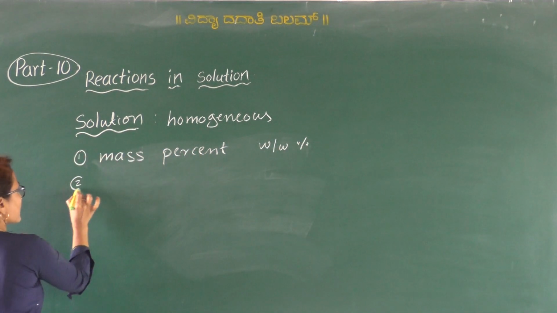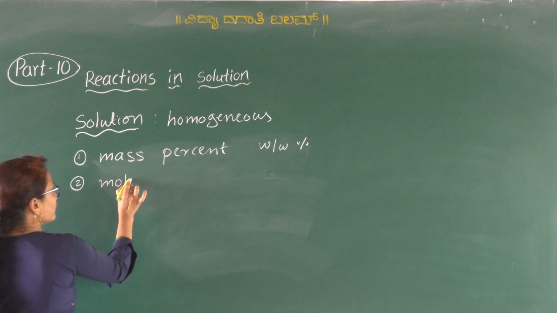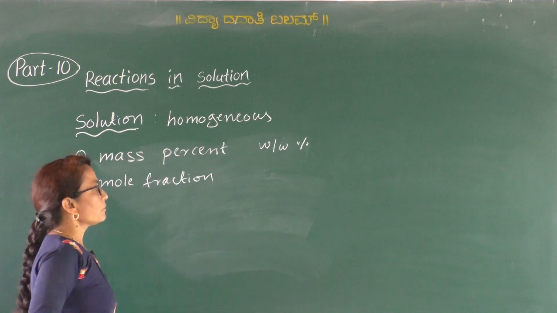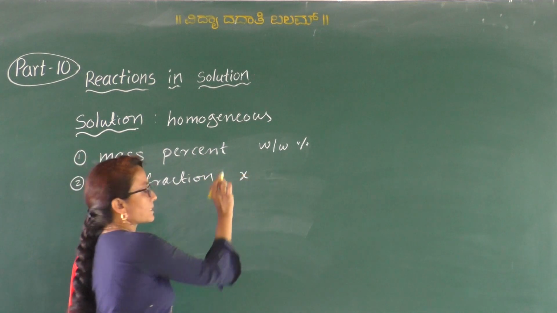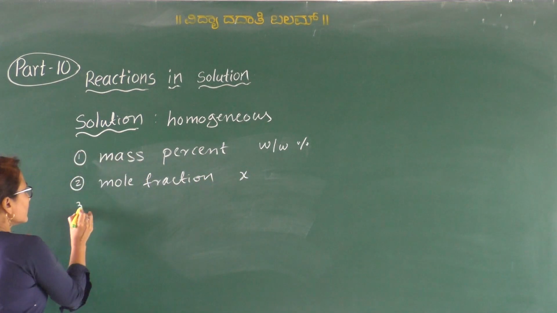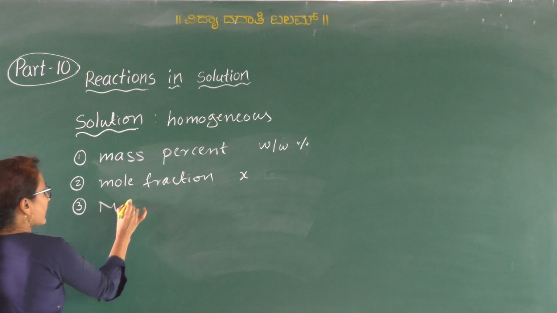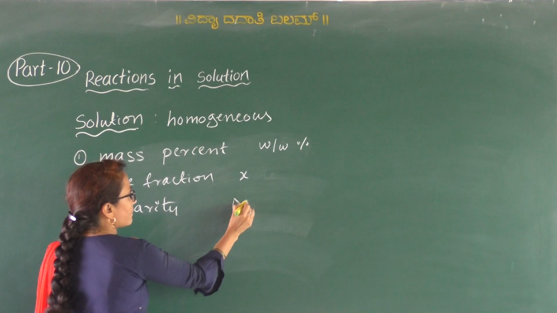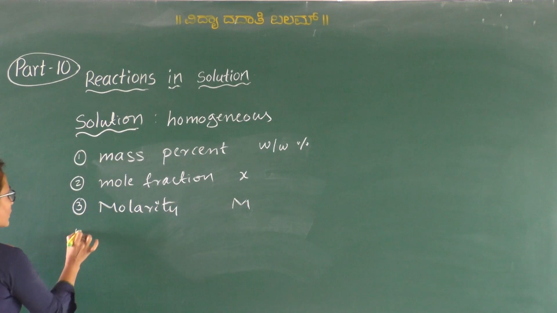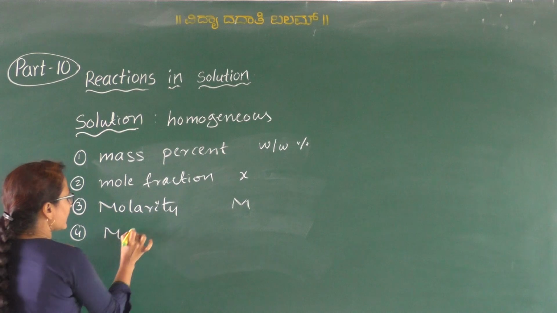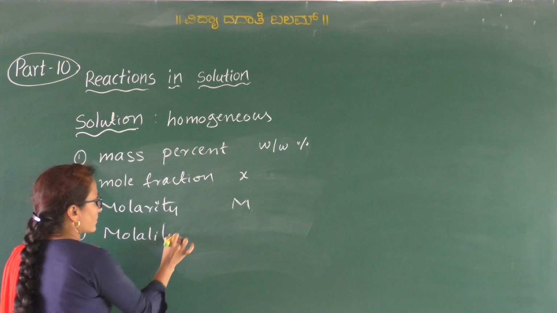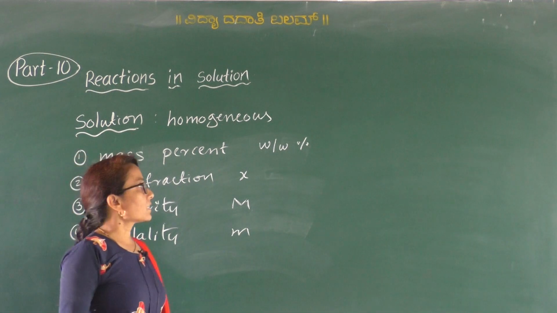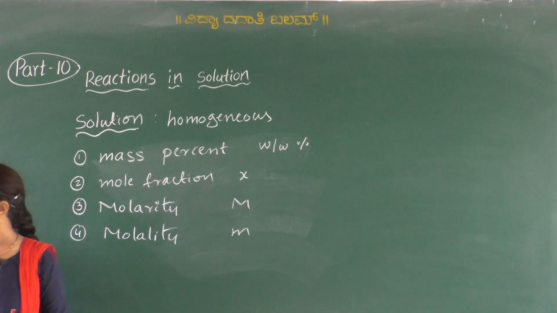The second is mole fraction, represented by the symbol X. The third is molarity, represented by capital M. The fourth is molality of the solution, represented by small m. Now let us discuss them one by one in detail.